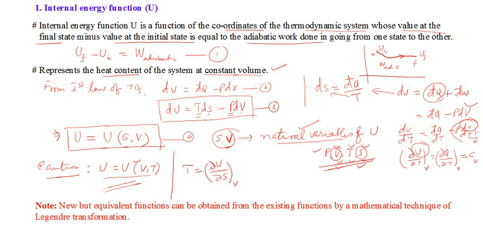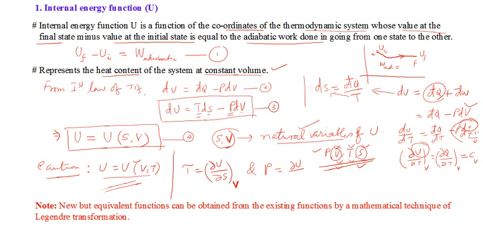And another relation. How do you define P from this relation? P will be equal to minus dou U with respect to dou V, at constant S. I think you are following what I am writing.